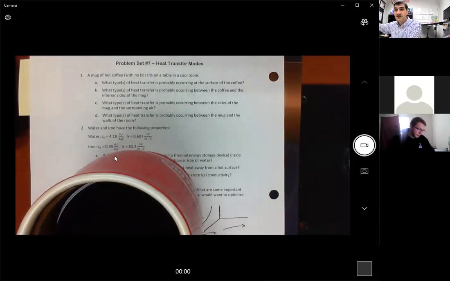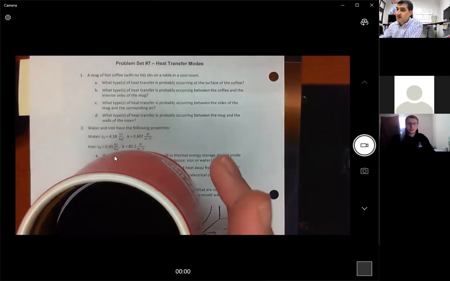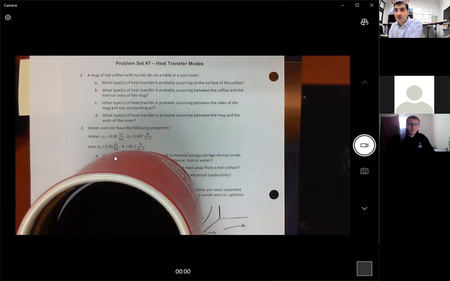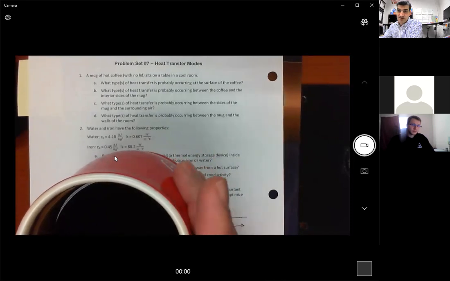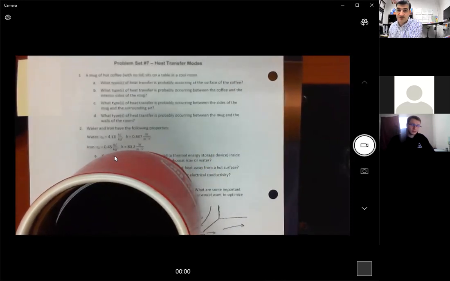So there probably is some amount of heat transfer through some type of convection through the movement of the air in my office. And then there's also probably some radiation, which is a direct heat transfer in the infrared spectrum from the side of the mug to the walls itself. All right, so that's part D.